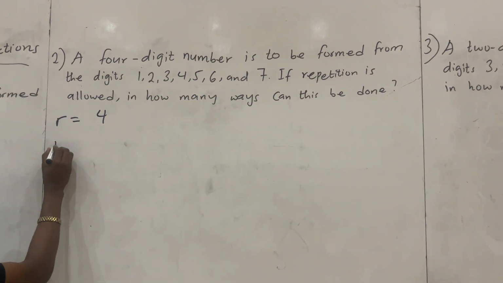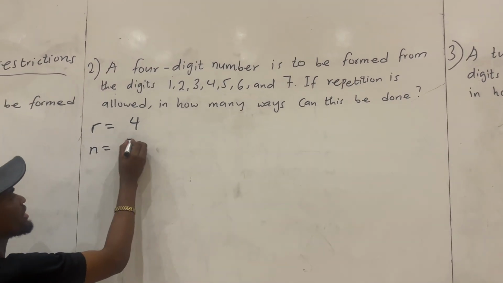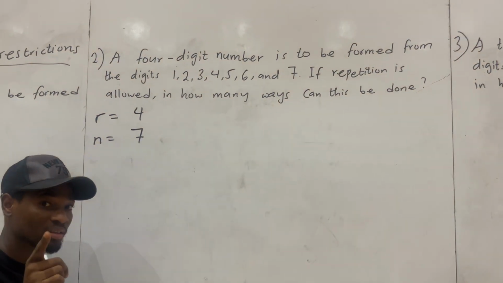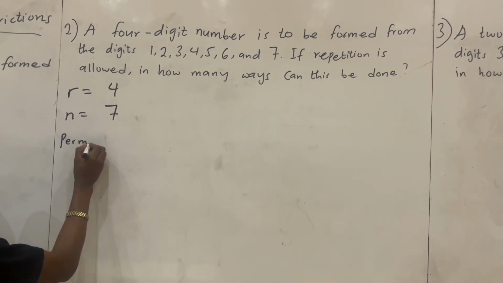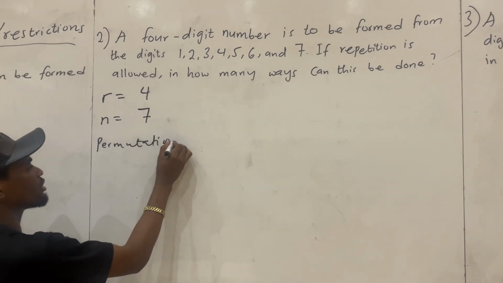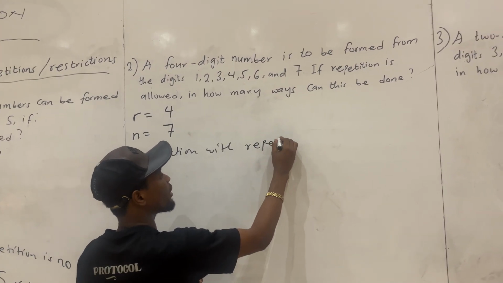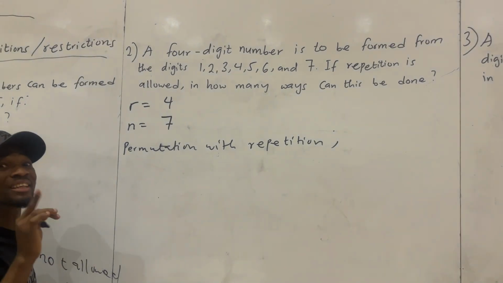So I have 7 digits. Now if repetition is allowed, we have permutation with repetition.